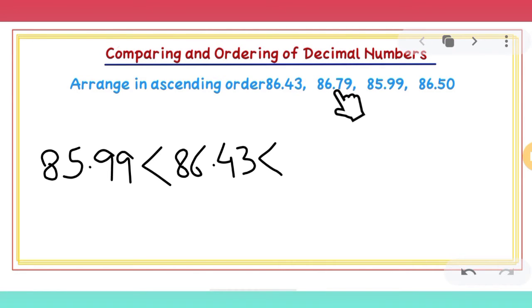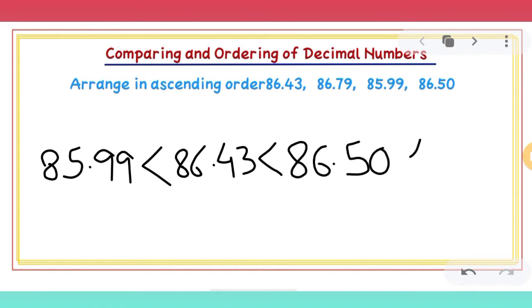Similarly, the remaining two, 0.7 and 0.5, the smallest is 0.5. So the next number will be 86.50, and the last will be 86.79. So in this way we can compare and order our decimal numbers in ascending order also, and in the same way we can do it for the descending orders.